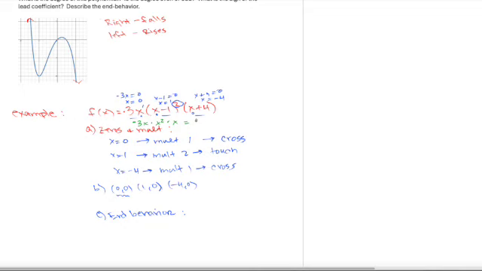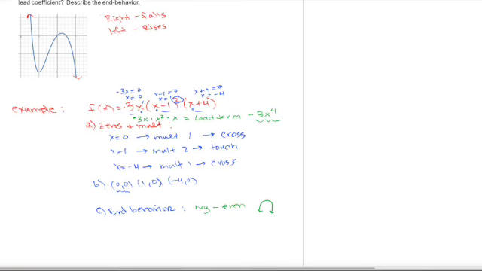So that lead term would be -3, and 1 plus 2 is 3, plus 1 is 4, x to the fourth. So this is a negative even-powered function. That means the end behavior will be similar to -x squared. So with respect to the end behavior, to the right the graph falls, and to the left the graph falls.